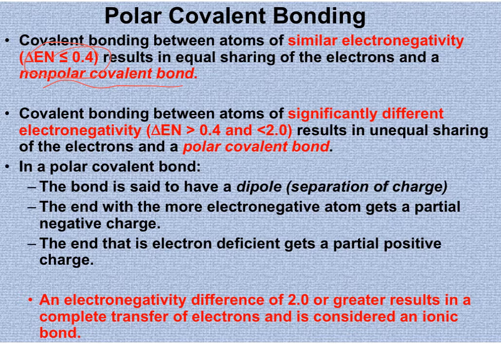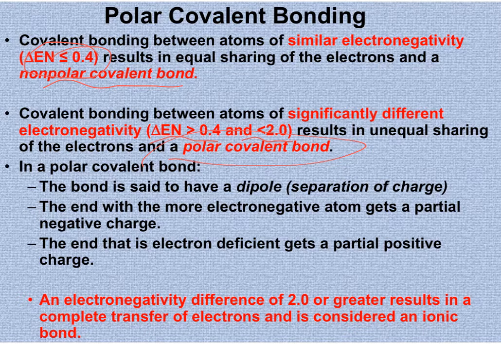And by the way, you need to commit these to memory, so I would jot them down. And if the difference in electronegativity between two bonding atoms is between 0.4 but less than 2, we will call that a polar covalent bond.